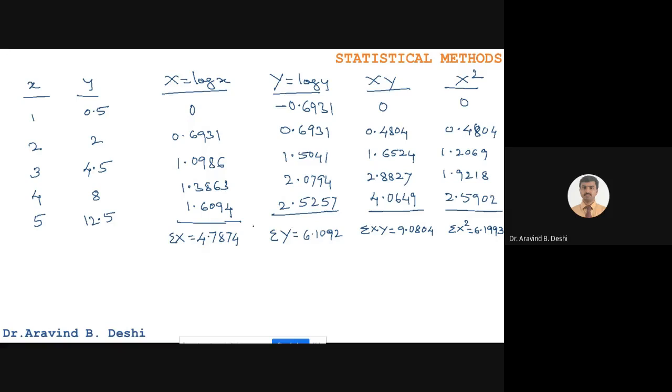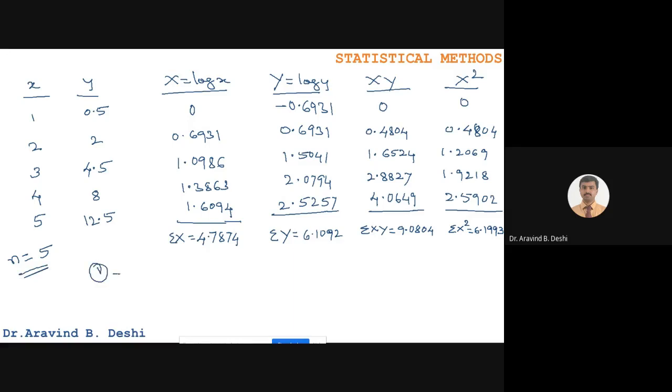Now substituting these values in the system of equation 1 we'll get, but in the system of equation we want n value here, n number of data, n equal to 5.